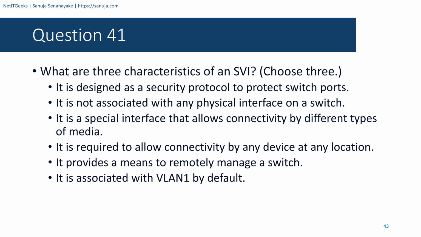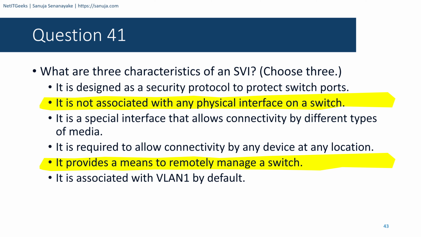I'll let you think about this for a few seconds. So the answers include: it is not associated with any physical interface on a switch, because SVI, as it says, switch virtual interface, is a virtual interface. It's not a physical switch port. It provides a means to remotely manage the switch, because that's the whole point of having an SVI.